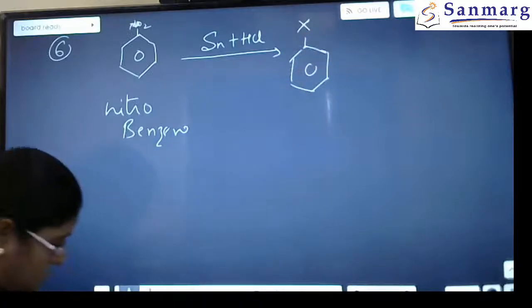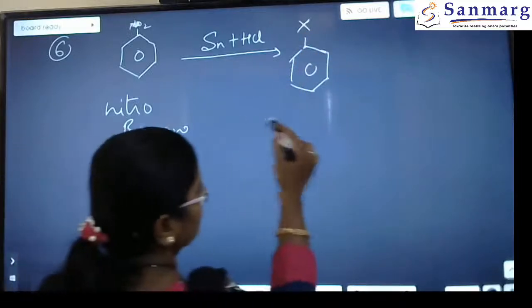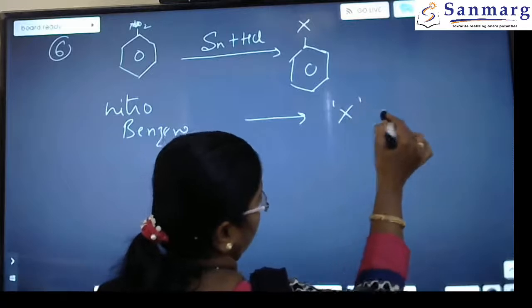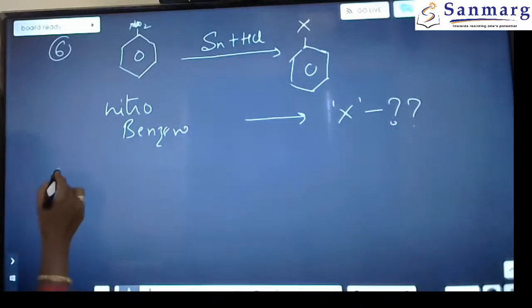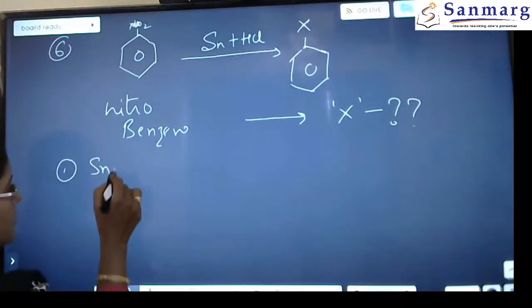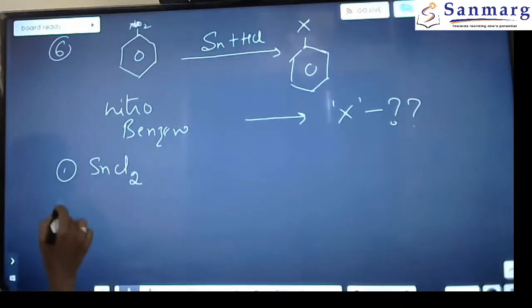What is this X here? In the above reaction, X stands for what? X may be stannous chloride.